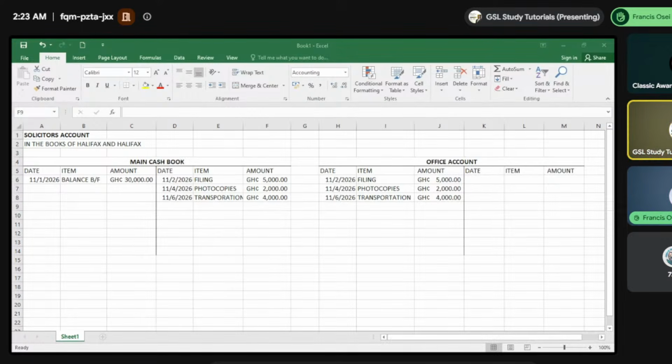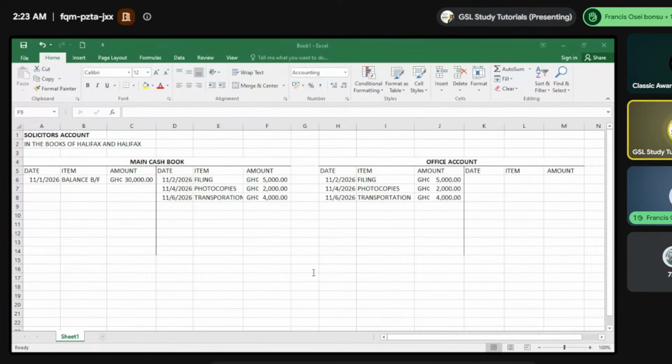But my confusion is with the 13th transaction where we credited the client's ledger and debited the client cash book. I don't really get that transaction well.